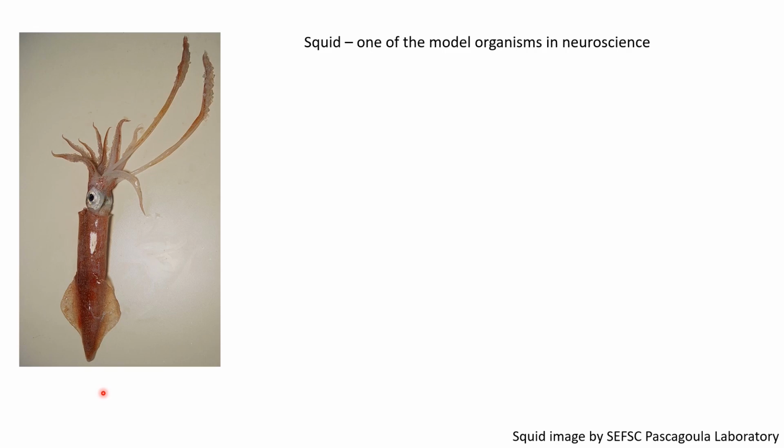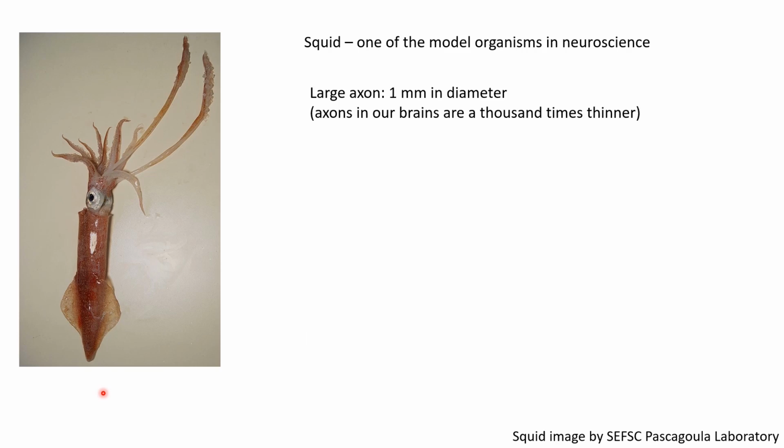For doing different kinds of experiments, different organisms may be suitable. Now, what could be the advantage of using squids, say over mice or monkeys? Can you guess? The main reason that researchers found squid to be a useful model organism is because it has some neurons whose axons are very wide.